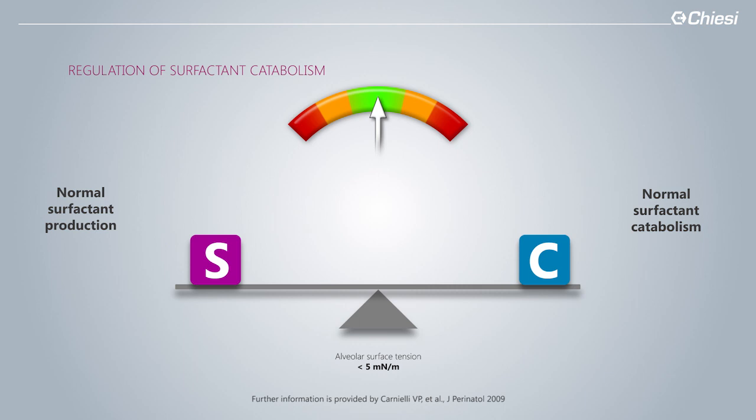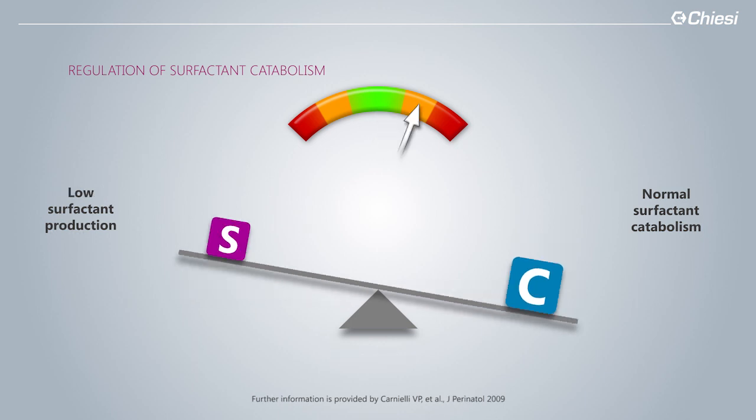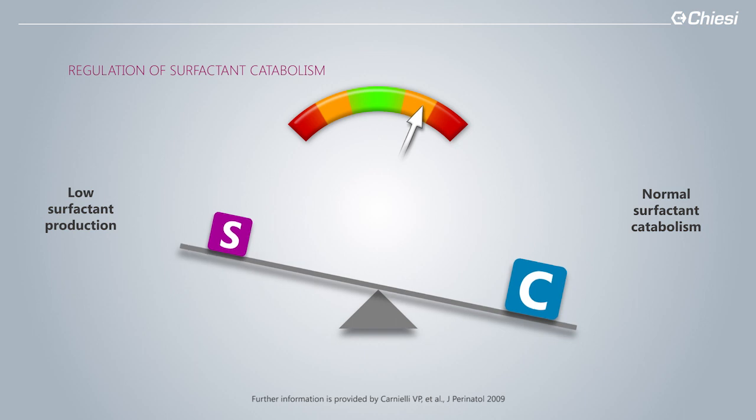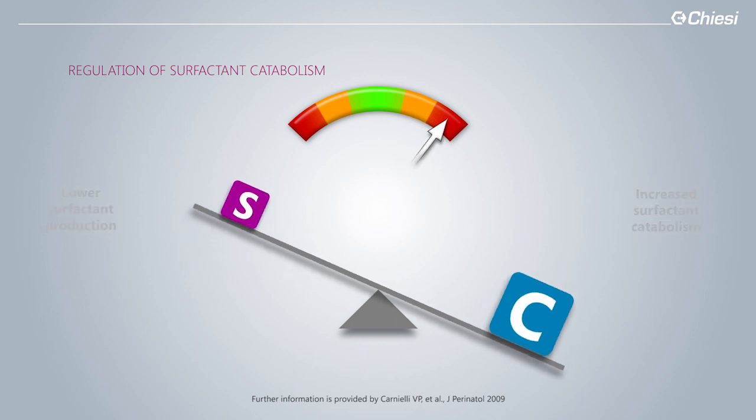First one, when you have a normal surfactant... one, which is really the worst one, sometimes happening in some preterm babies, having both low surfactant production and higher surfactant catabolism.